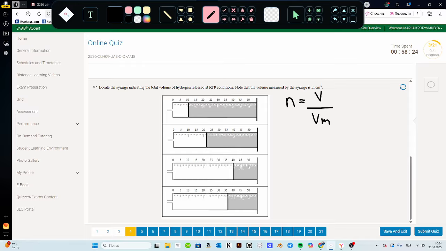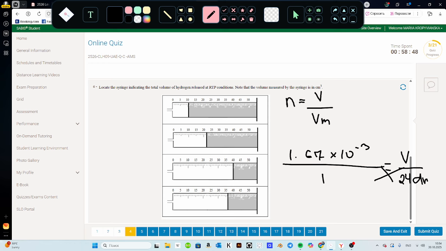Our number of moles is 1.67 times 10 to the negative 3 over 1. We cross multiply and let V stay the same because that's what we're trying to figure out. Oh, and by the way, it's decimeter cubed. So at the end, we're getting an answer of approximately 40.08.